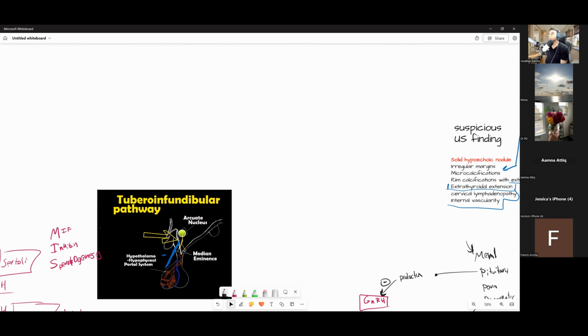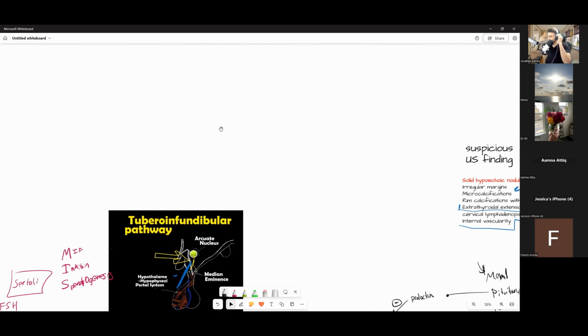What does TRH do to these hormones at this level? So TRH basically activates prolactin. Activate prolactin, and you automatically inhibit GnRH. Same story.